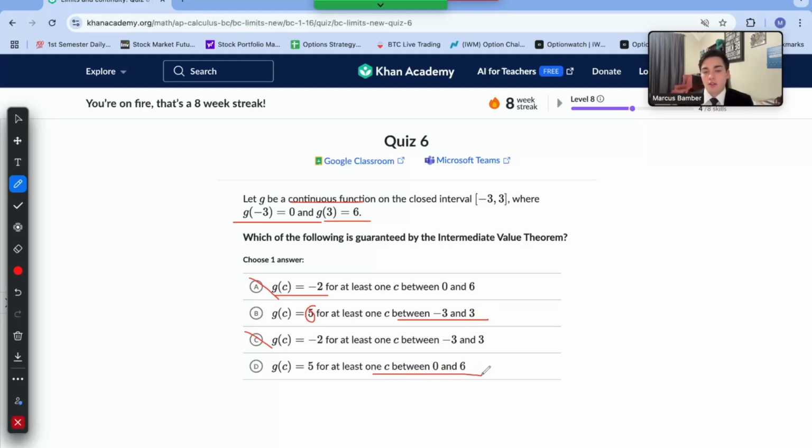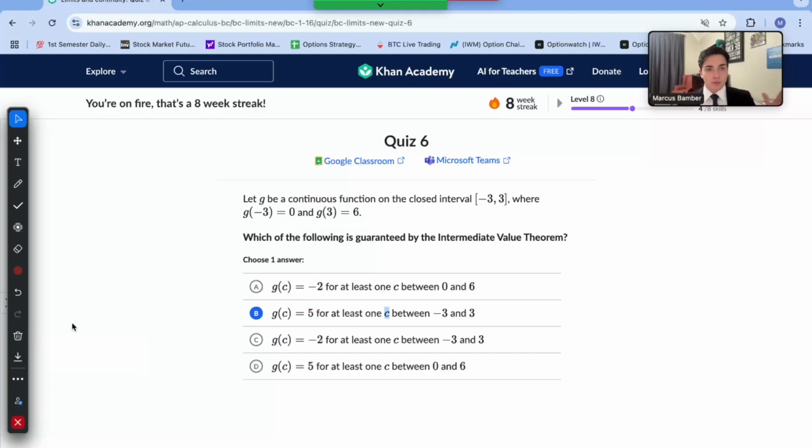Remember, the c represents the x value, so it needs to be in between the interval. So we're going to have at least one y value equal to 5 for when x is in between the interval. And the interval that we are given is not 0 and 6. Those are the two y values that we're given. We are given the two x values of -3 and +3. That means answer choice B is correct.